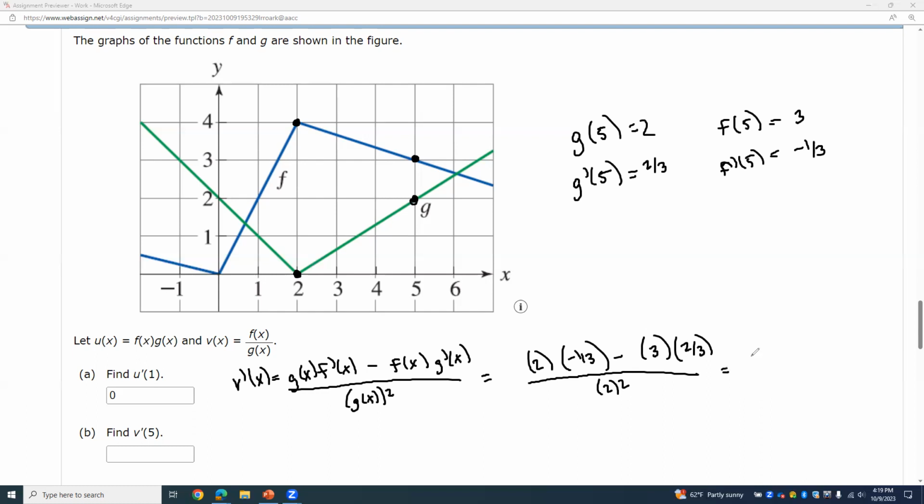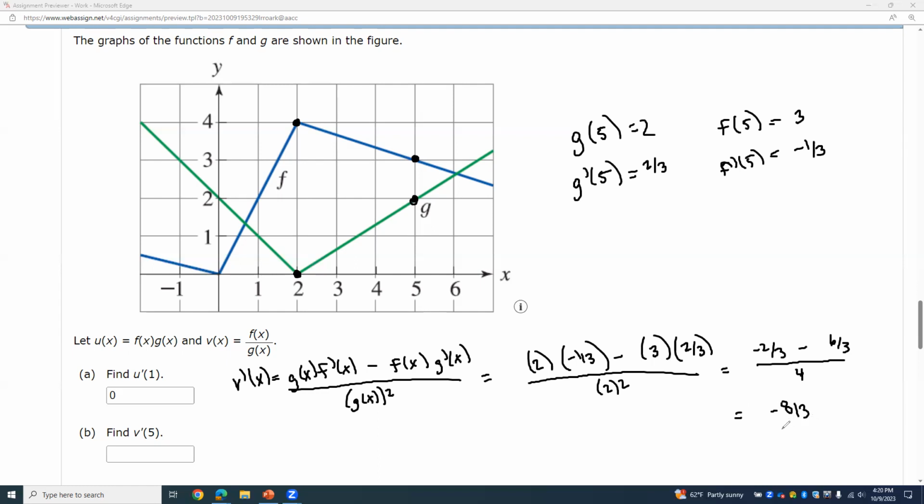All right, let's simplify this a little bit. This would be -2/3 minus, I'm just going to keep this as 6/3 for right now, which I know sounds weird, but hopefully it makes sense in a minute, because I'm going to simplify it. So if I have -2/3 minus 6/3 all divided by 4, there's a few things we can do here. One option would be to put together -2/3 and 6/3 to make -8/3.